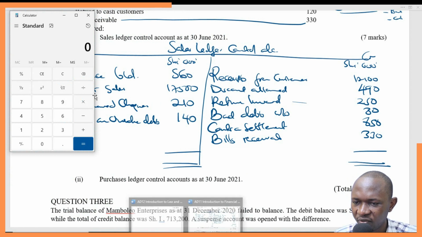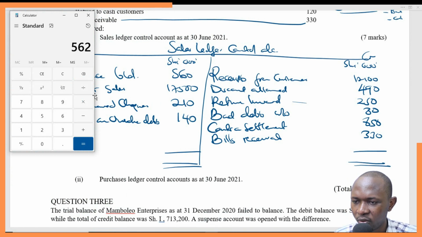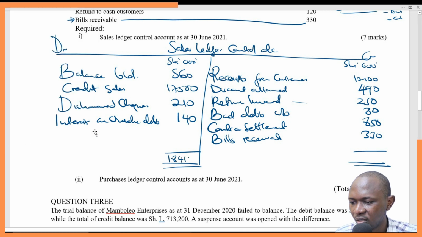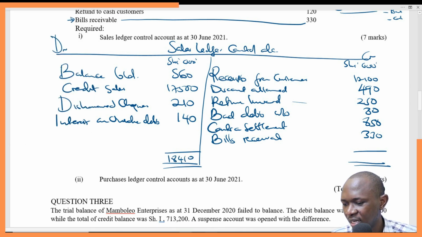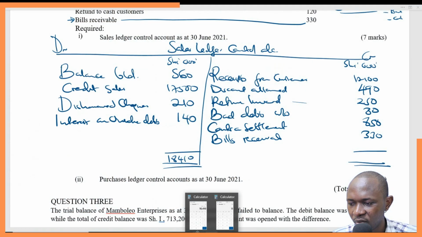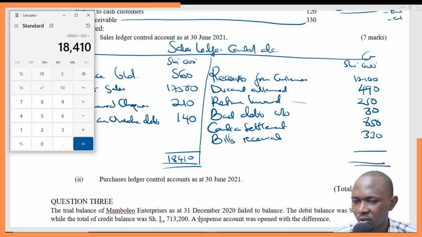So this is 560 plus 17,500 plus 210 plus 140, that is 350. That gives us 18,410. We'll also add the other side, and the side with the highest figure will be used as a balancing figure.